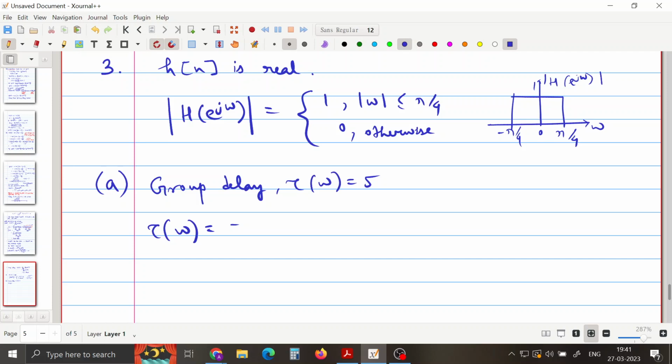If we can also find out the information about the phase response, then we have the entire information about the frequency response. So what is left is to find the phase response. That's why I am trying to use the formula for group delay, which is minus d by d omega of the phase of the frequency response, which is this.